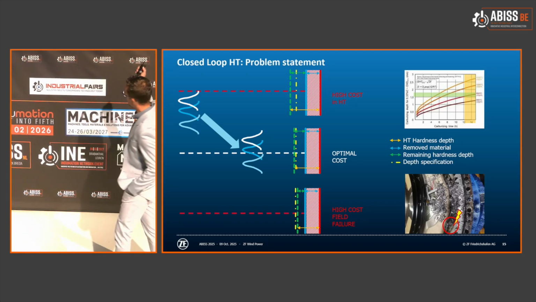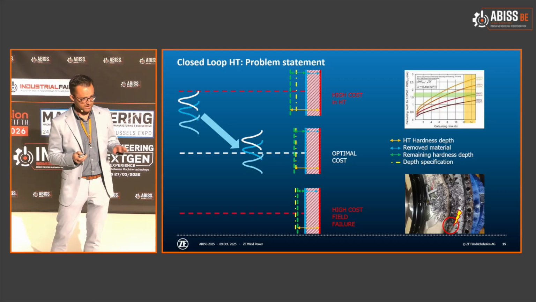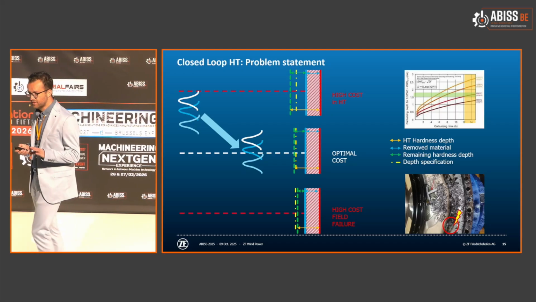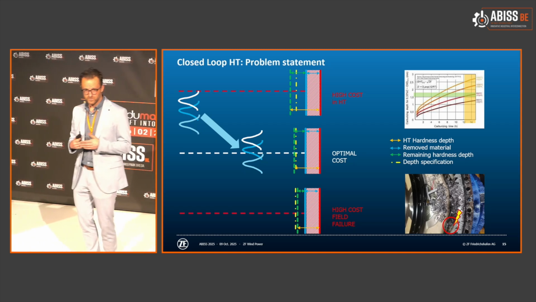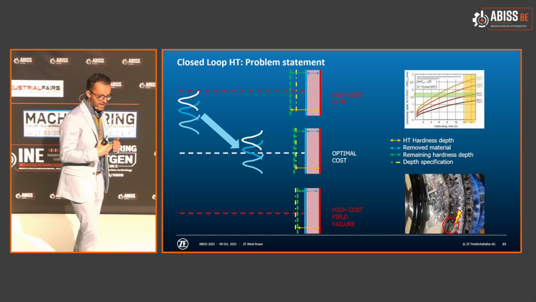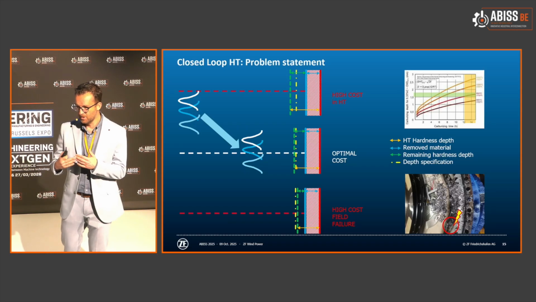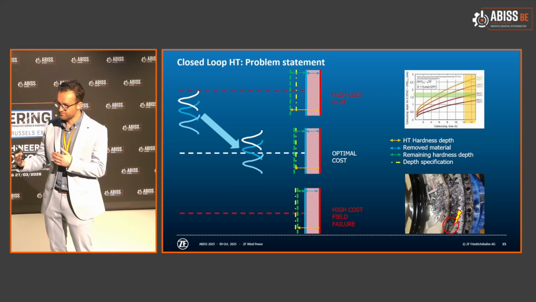The heat treatment process is shown here. You saw this graph maybe on one of the earlier slides. I didn't explain it. What needs to be understood is that the heat treatment process itself also is not linear, meaning it takes a lot longer to add a few tenths of a millimeter of hardness depth at the end versus the beginning.